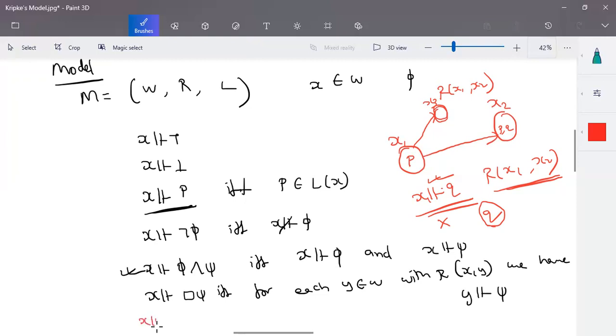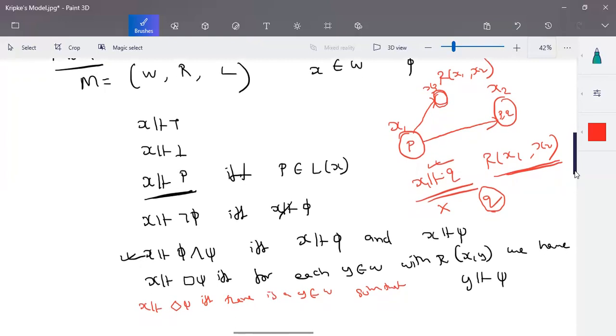And the last statement to be defined is when I write it as diamond of psi, if there is a Y belonging to the world such that R of X comma Y and Y satisfies psi.